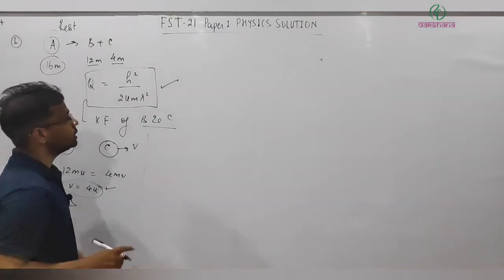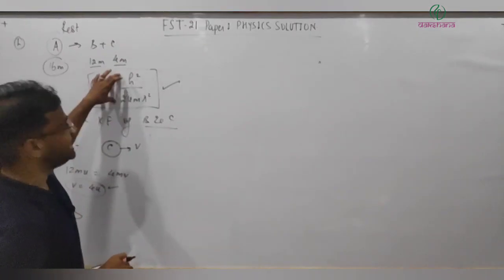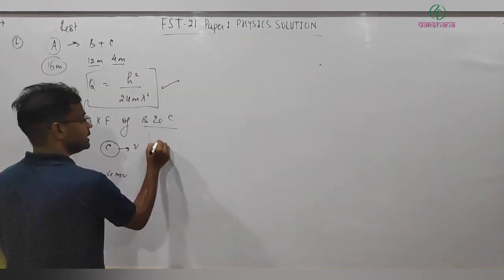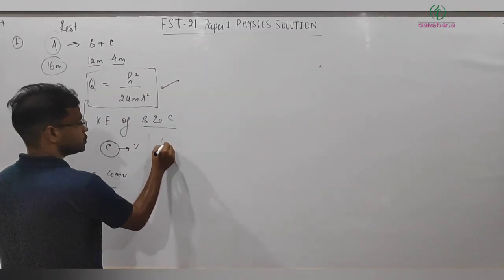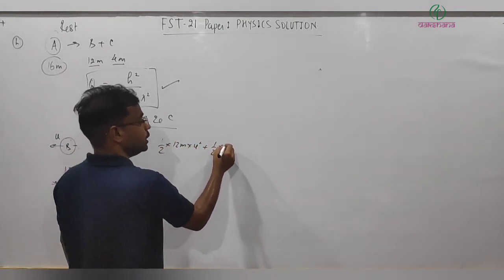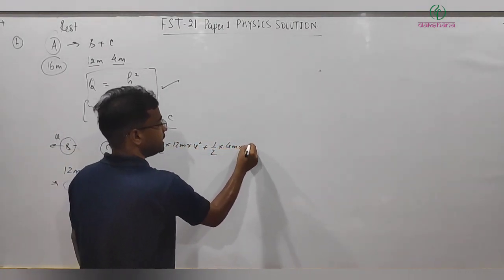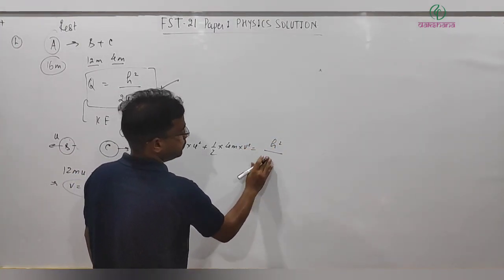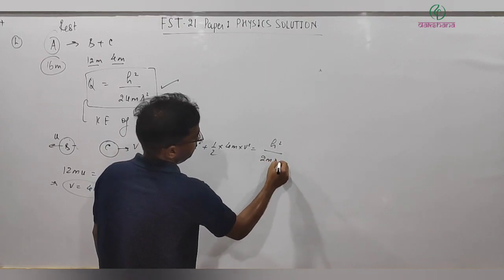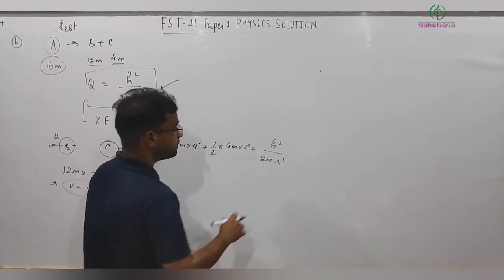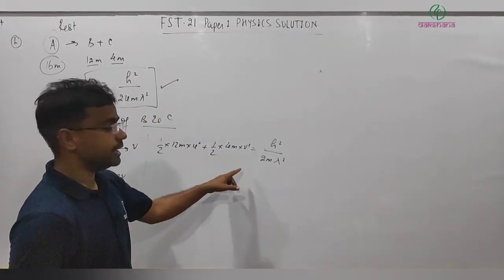This much energy is released in the form of kinetic energy of B and C, so 1 by 2 into 12m into u square plus 1 by 2 into 4m into v square equals h square divided by 24m lambda square. From here we can get u and v.